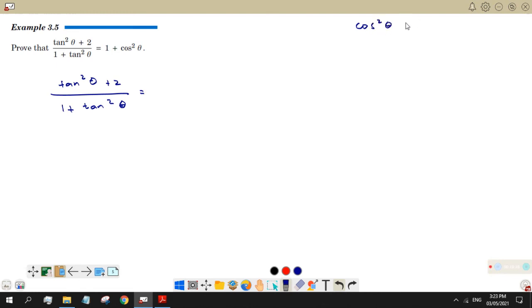Cosine squared theta plus sine squared theta is equal to 1, right?